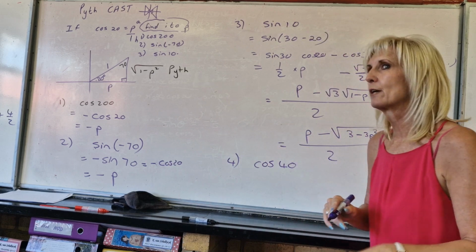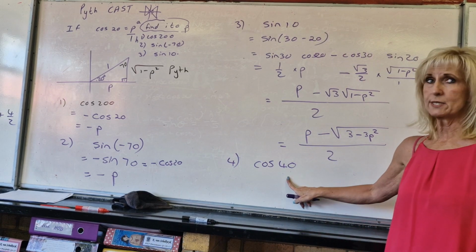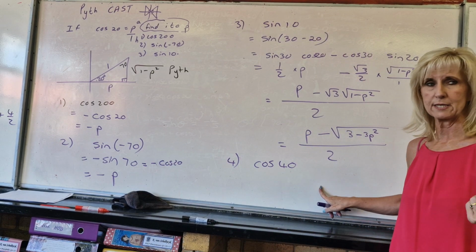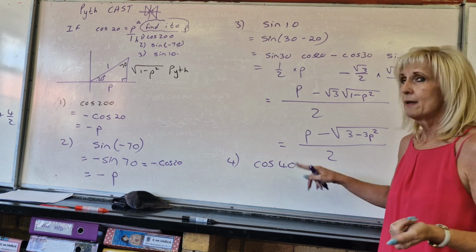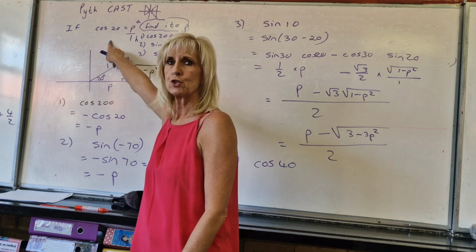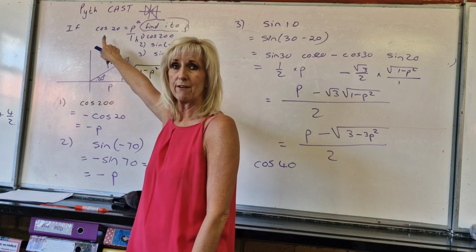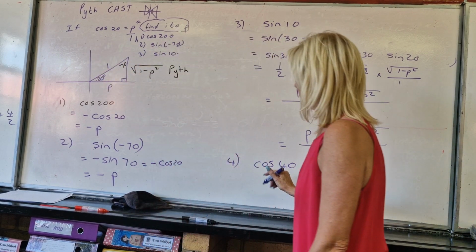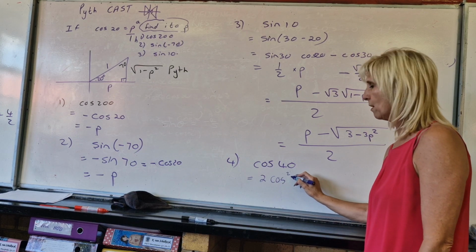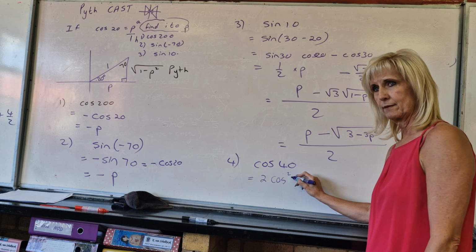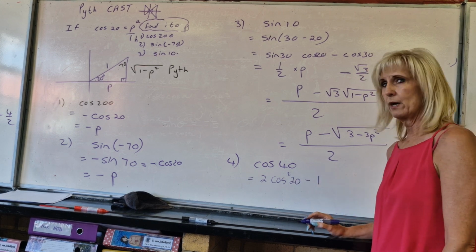Which one is going to work the best? Because remember, cos double angle can be either cos squared minus sin squared, or 2 cos squared minus 1, or 1 minus 2 sin squared. Please can I then train you to use the original one? You have cos. So let's keep it in cos. So rather go for 2 cos squared of 20 minus 1.